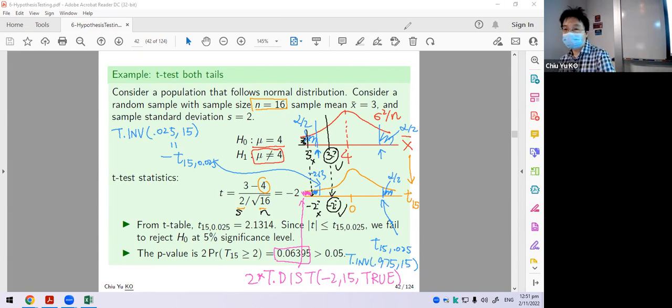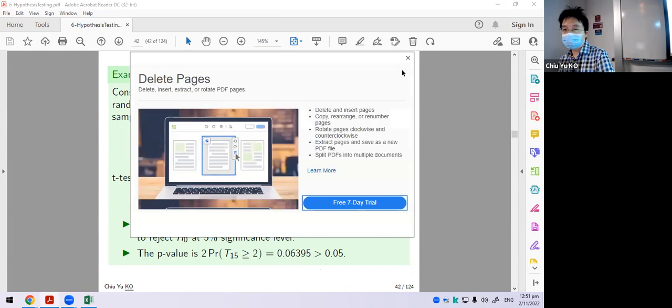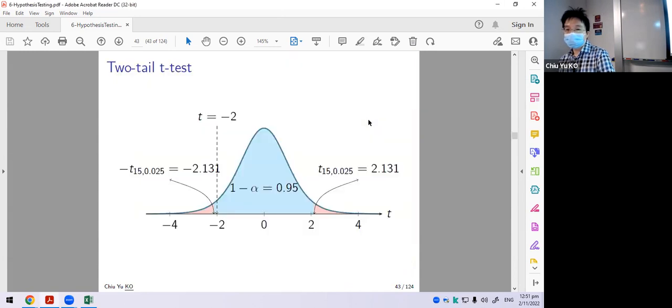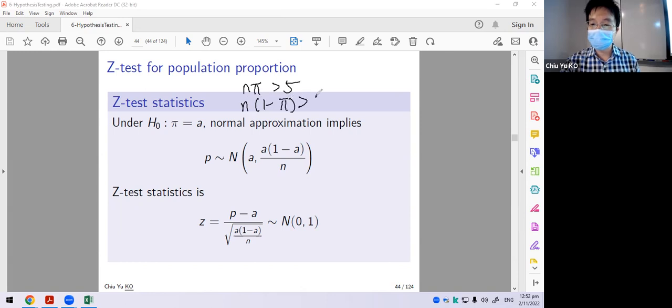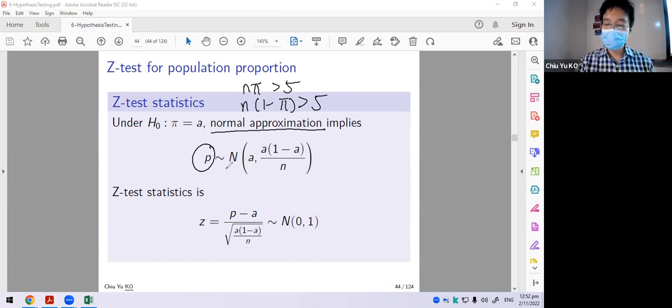So that would be the next slide. And remember, if we have n pi bigger than 5 and n(1 minus pi) bigger than 5, then the central limit theorem applies. We can approximate the sample proportion as normal.